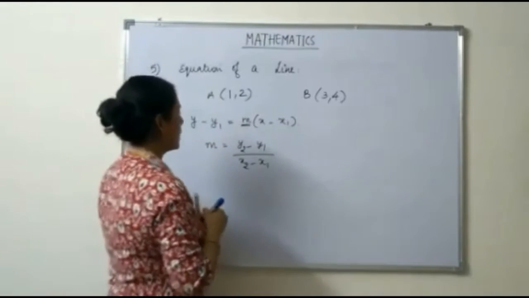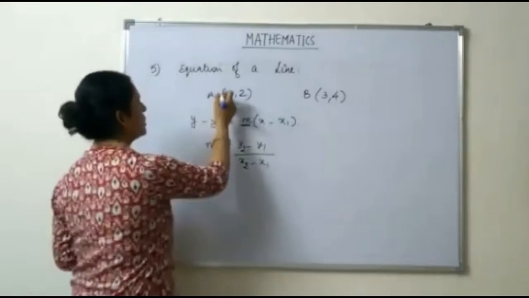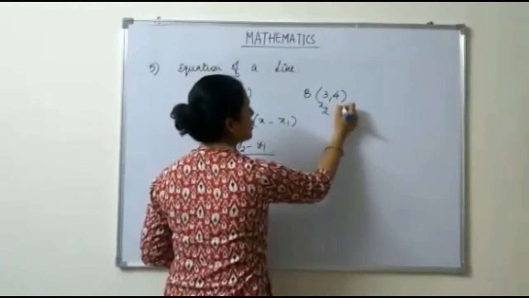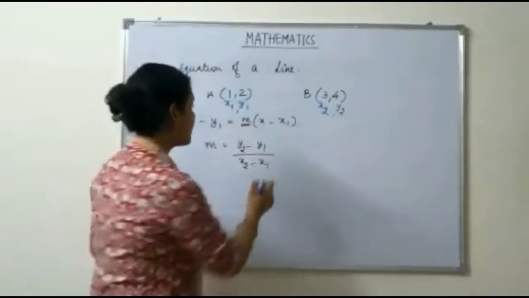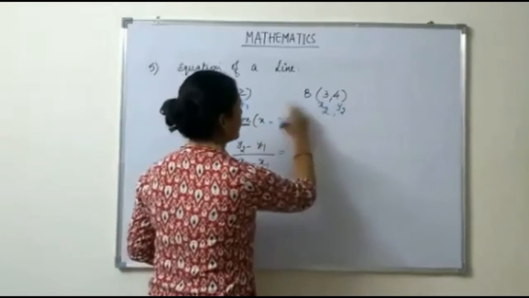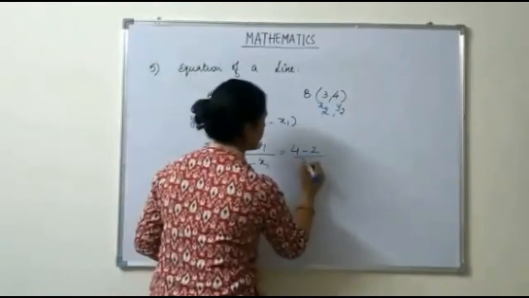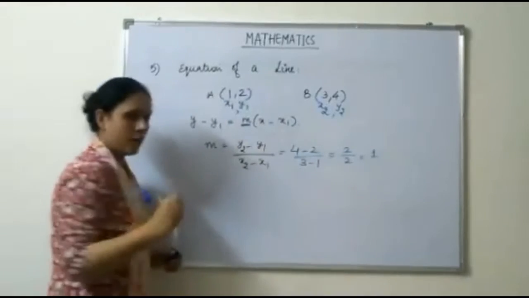So here you put the values, that is, before putting the values you write down that this is x1, y1 for you and this is x2, y2 for you. I will tell you why we do this. Because when you put the values, y2 minus y1 becomes 4 minus 2 upon 3 minus 1. This becomes 2 upon 2 is equal to 1.